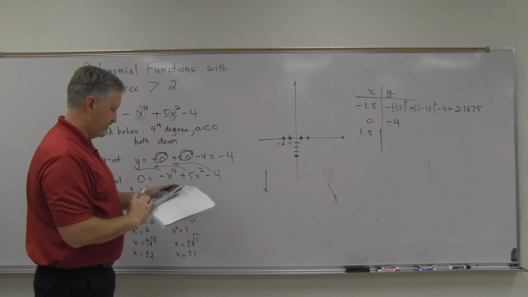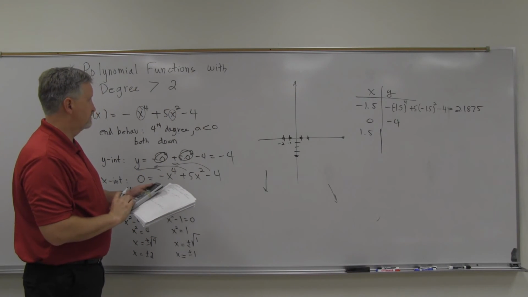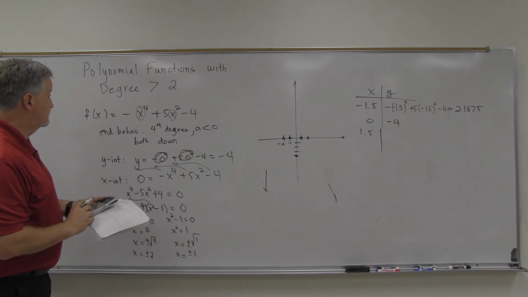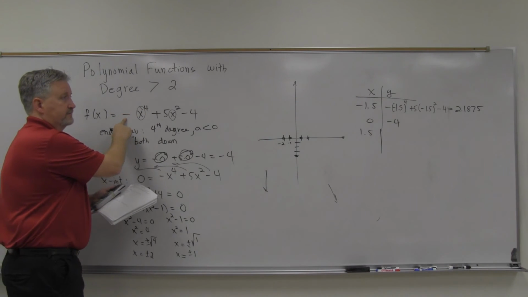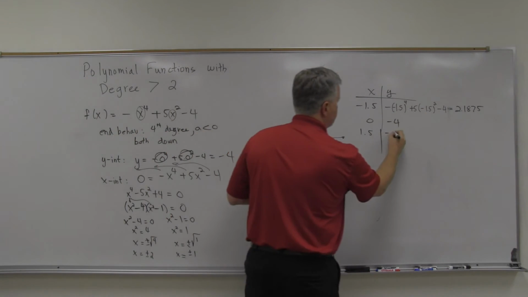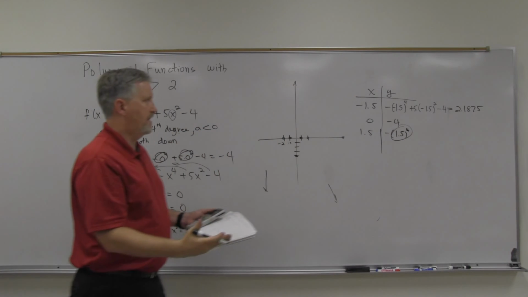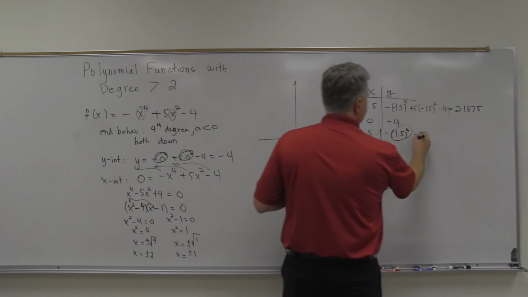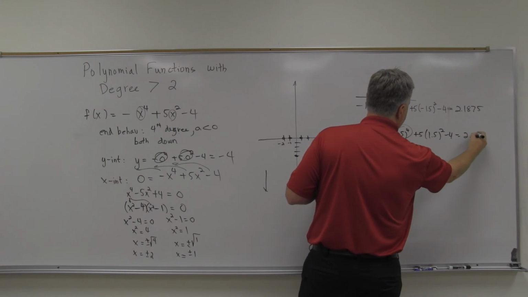And then positive 1.5, I believe we're going to get the same as negative 1.5 in this case. The negative's on the outside here, so you do your 1.5 to the 4th and then negate that. So you get positive 2.1875.